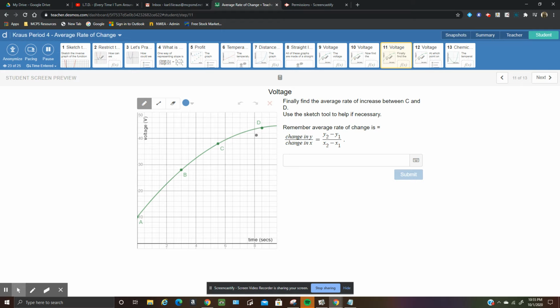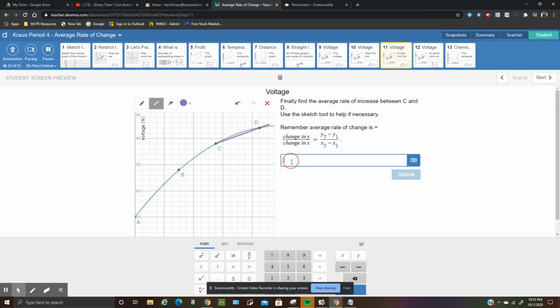And then from C to D, notice that as time goes on here, let me get the line segment. As time goes on, this curve is getting flatter, or the slope is getting less.